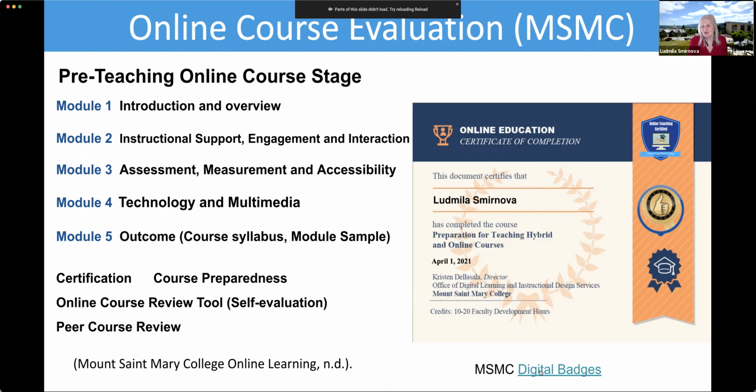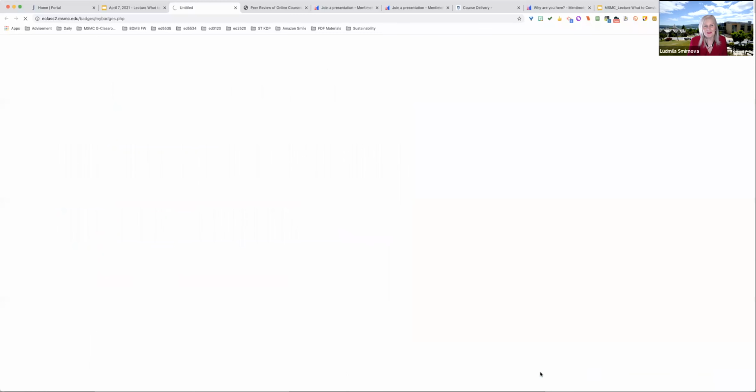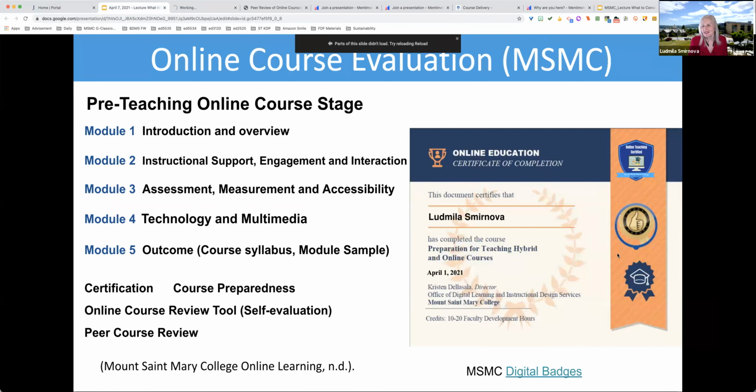Our college also introduced digital badges, and teachers are given badges. This is a certification of online teaching, or it's well done. There are different types, including how many professional development events you participated in. So it's all building teachers' portfolios.